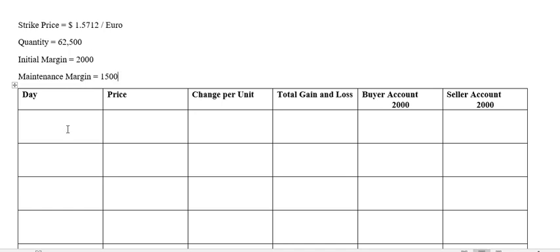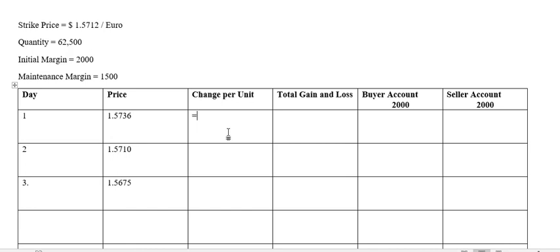If you remember, our day 1 price was 1.5736, while our day 2 price was 1.5710, and the third day price was 1.5675. So the second column that we have in the table is change per unit.